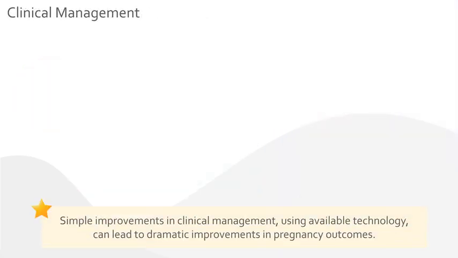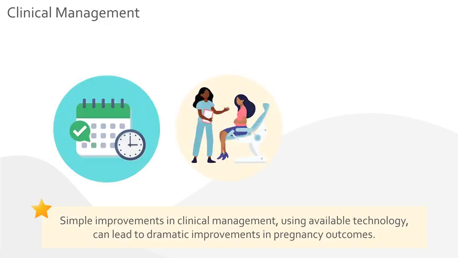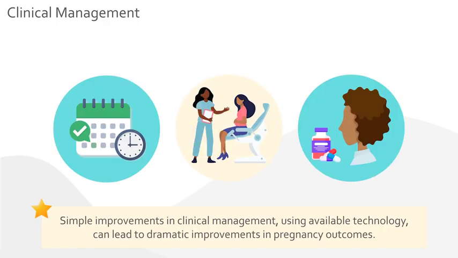Simple improvements in clinical management using available technology can lead to dramatic improvements in pregnancy outcomes. For example, same-day, on-site syphilis screening and treatment in antenatal clinics. Treatment of symptomatic bacterial vaginosis can also reduce the risk of preterm labor, while prevention and effective management of postpartum and post-abortion infections can greatly reduce maternal morbidity and mortality.